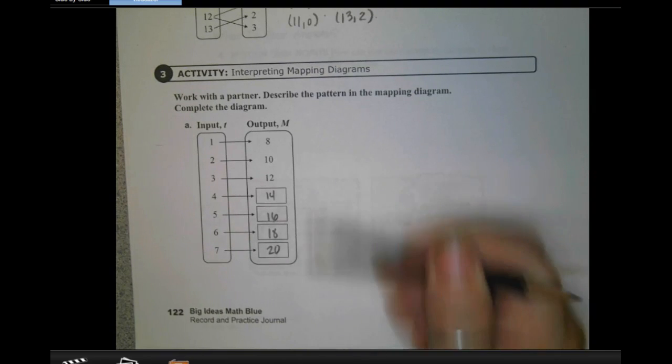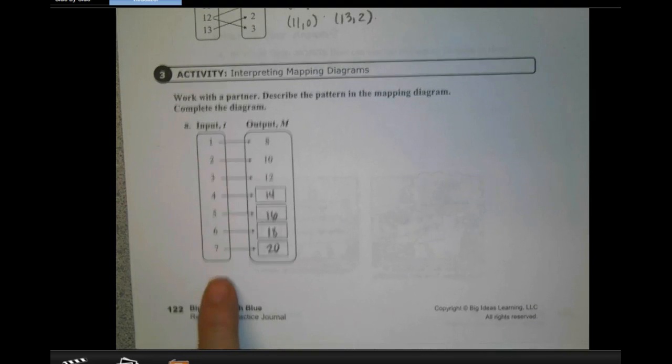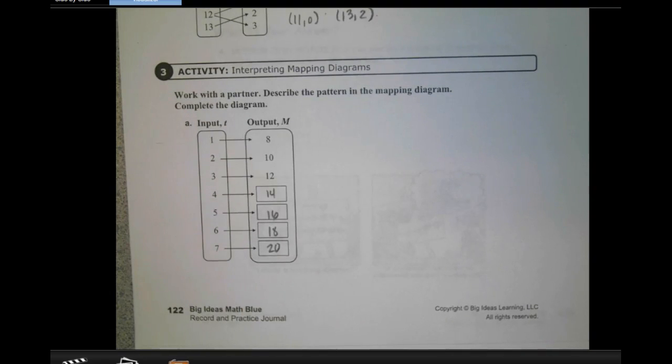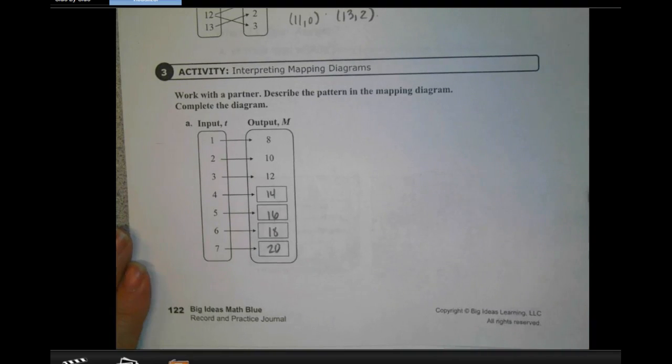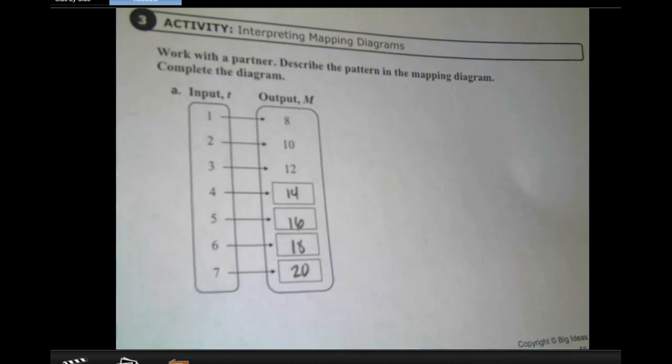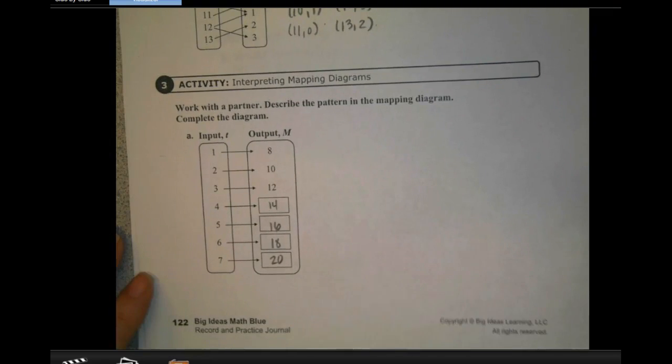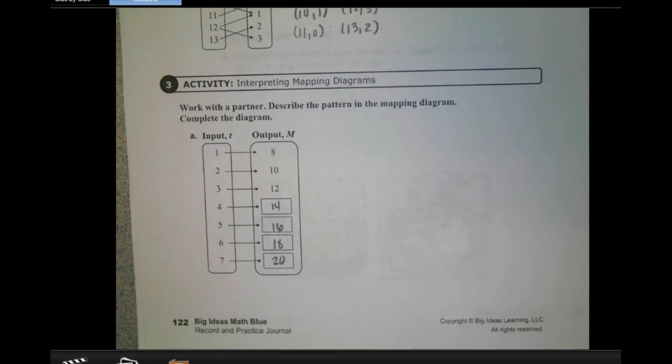I can see a pattern, but I don't know how I got from 7 to 20. 20 was added by 5. 18 was added by 4. Added by 4? What did I add by 4? There's 8. Wait. 6.